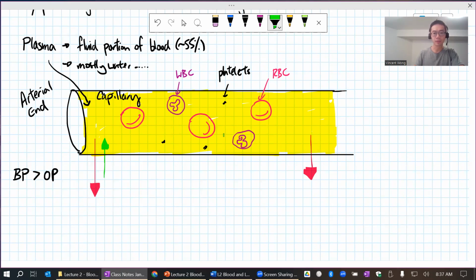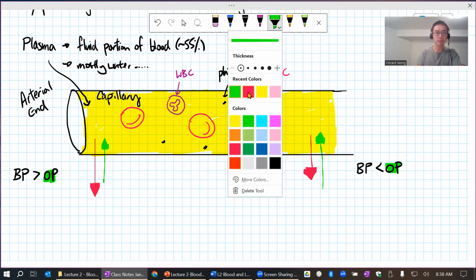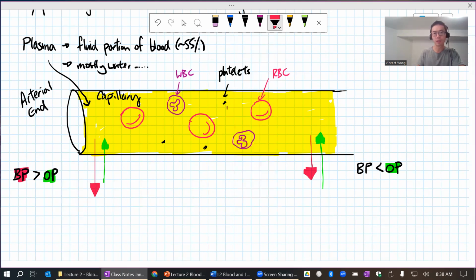And over here, the osmotic pressure does not change compared to the arterial side. So on the venous side, the BP is less than OP, right? Green arrow is the OP. Red arrow is the BP. Again, this is old stuff. You know this already. But there is more to the story. That's why we have to redraw some of these things.